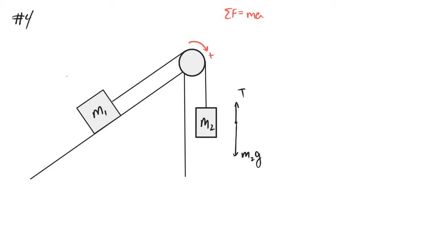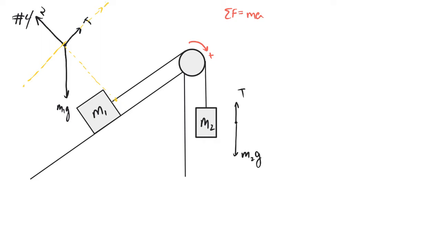Free body diagram over here, a little more complicated. M1g, normal, tension. Now just a couple of things to remind you about. That's the worst dotted line ever. It's not gray, but it'll do.